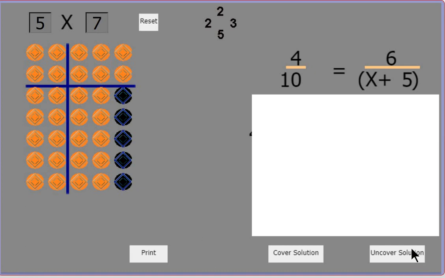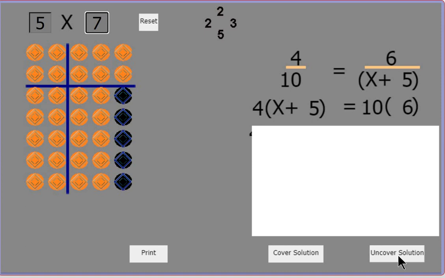If you click the Uncover Solution button, then the algebraic steps to solve for the unknown will be revealed.